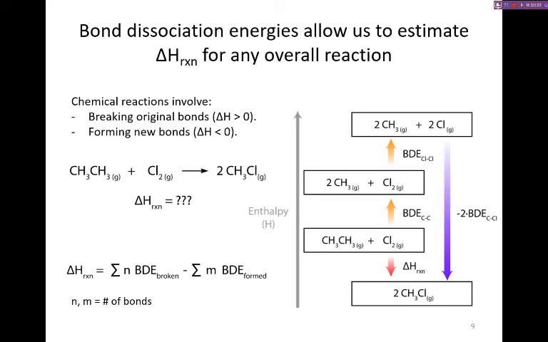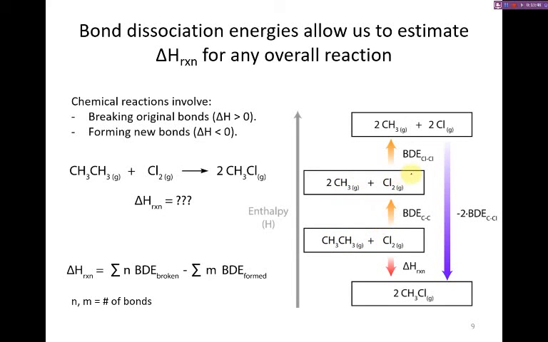And so if we look at the overall reaction of ethane reacting with chlorine to make chloroethane, what we can do is we can break the carbon-hydrogen bonds.